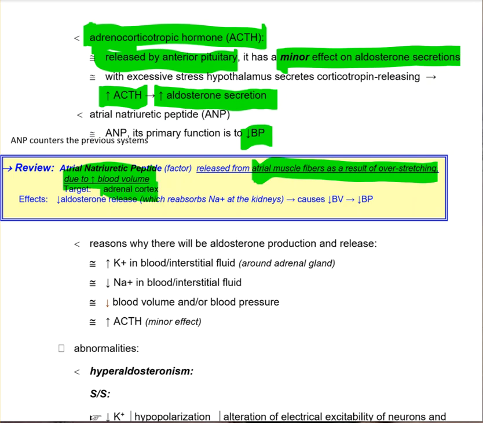It would target the adrenals, and it would say, let's produce less aldosterone. So if we produce less aldosterone, aldosterone can't do the things it would do, and so instead of aldosterone reabsorbing sodium, we'll say sodium, oops, can I bring that up, let's see if I can, okay, let's put it down here instead, if you don't mind.